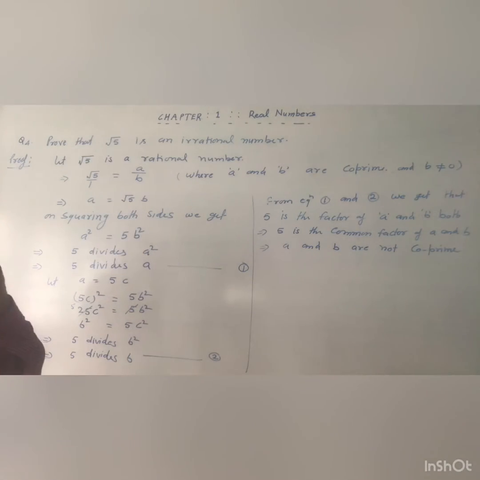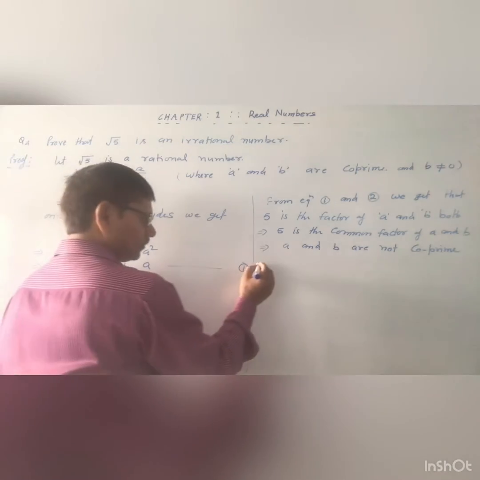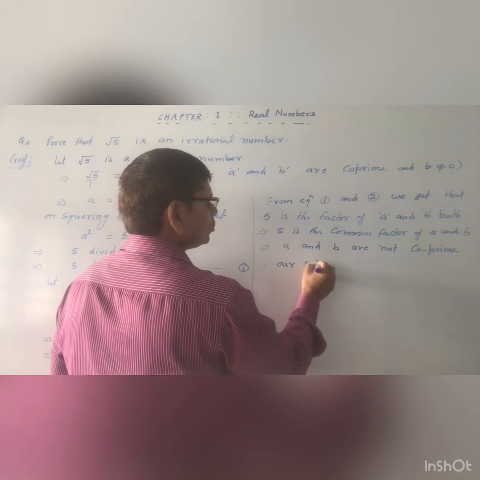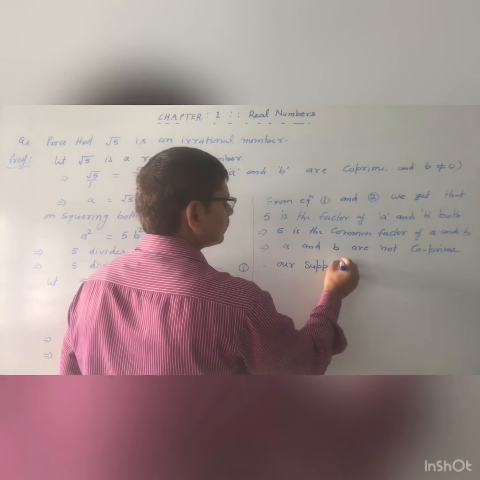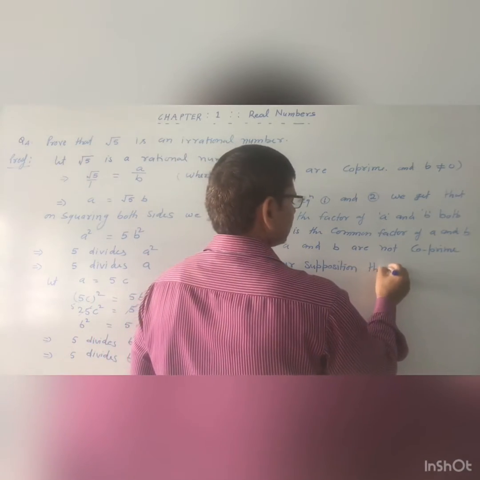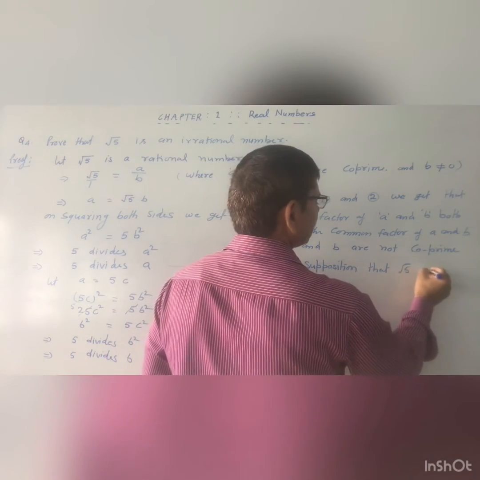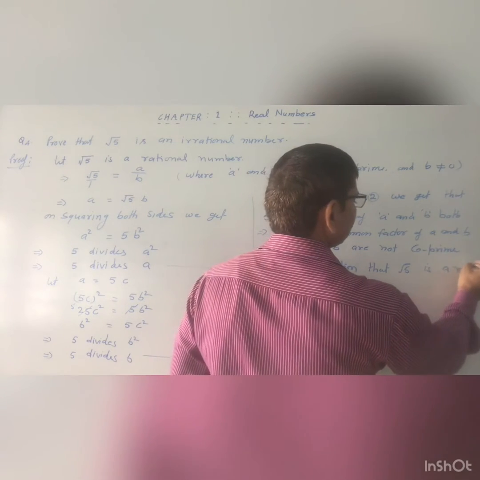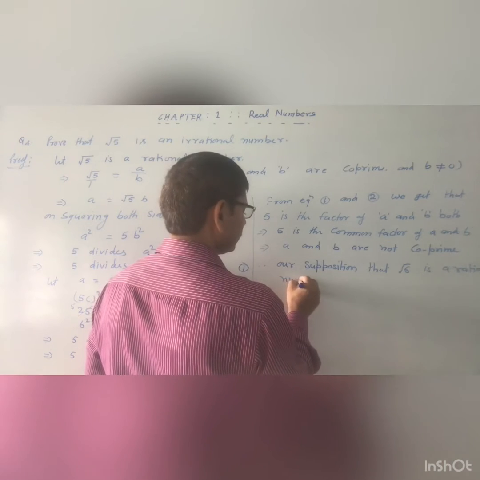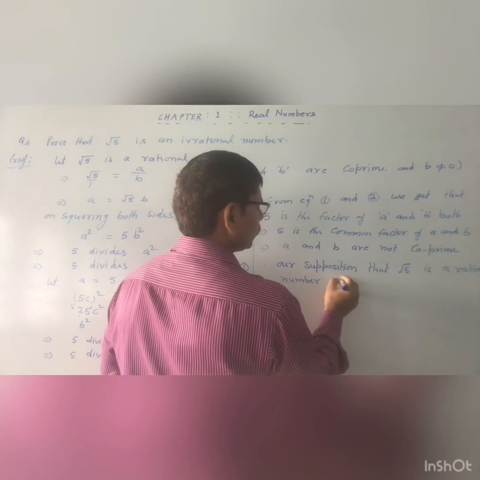Therefore, our supposition that under root 5 is a rational number is wrong.